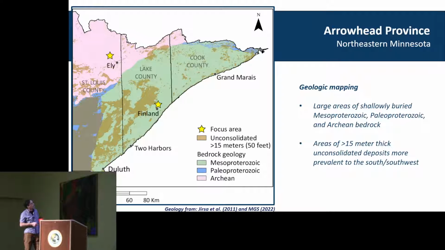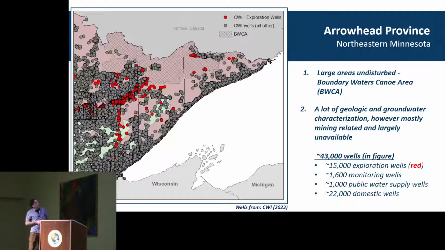So the areas in brown are basically unconsolidated, typically sandier, Superior lobe deposits. And in that area, there's also the Boundary Waters Canoe Area right up against the Canadian border. So a lot of that area is just undeveloped and is going to stay that way. So the dots on this map are wells from the County Well Index, a database in the state of Minnesota of well locations and depths.